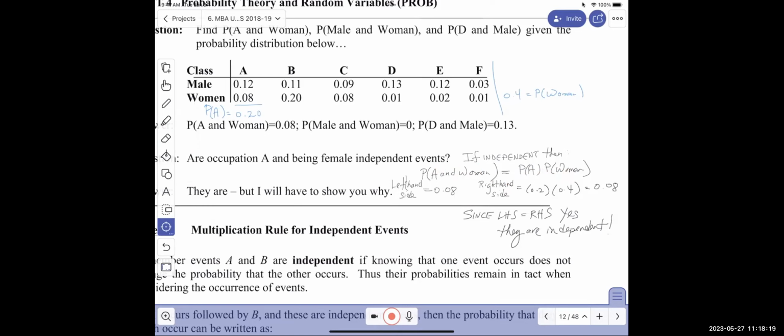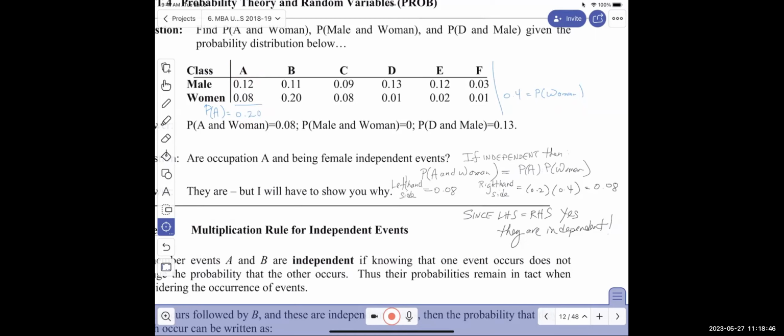It means that if I am in the subset of occupation A, the chance of a woman should still be 40%. Out of these two, if you rescale this to 20%, this is just 20. Is 8% of 20 exactly 40%?